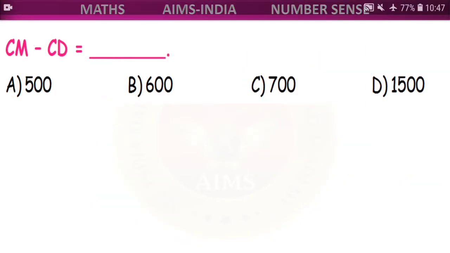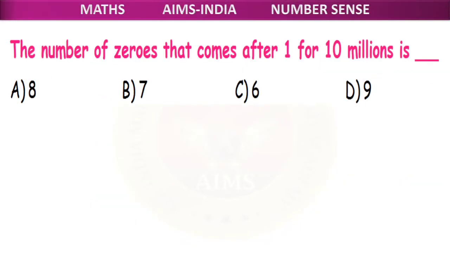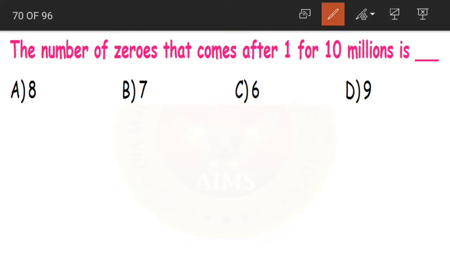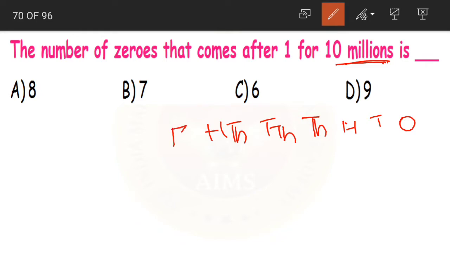Yes. Now moving on to the next question. The number of zeros that come after 1 for 10 millions is dash. Now see, to find this out, you write all the place values till 10 million. 10 millions is in what? It is in the international system, so keep that in mind while writing. Ones, tens, hundreds, thousands, 10,000s, 100,000s, millions, and 10 millions.